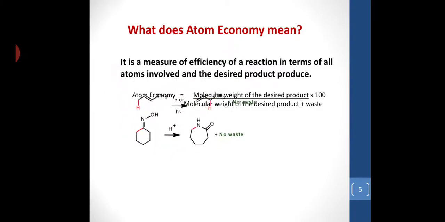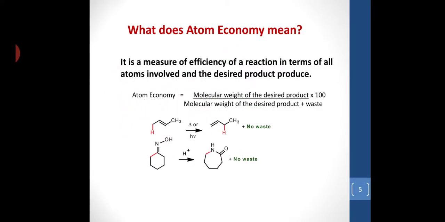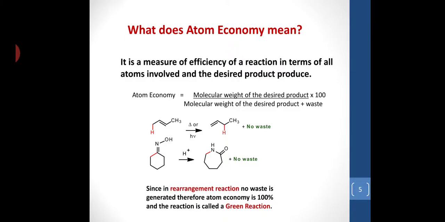Since in rearrangement reactions no waste is generated, atom economy is 100% and the reaction is called a green reaction. Having this background in mind, let's see what the di-pi-methane rearrangement is.